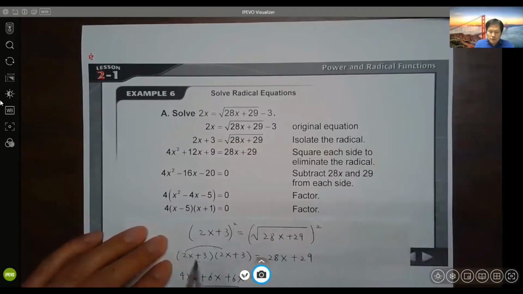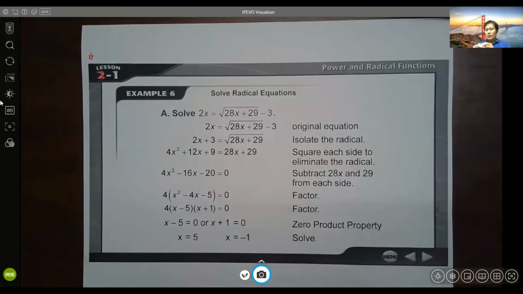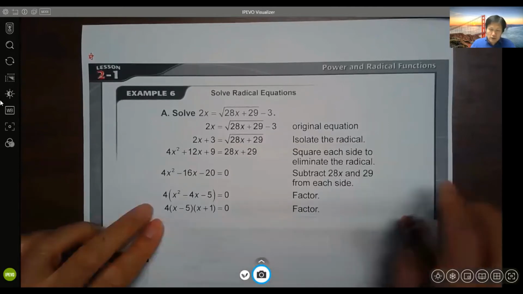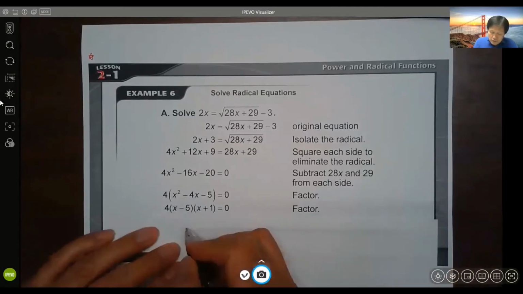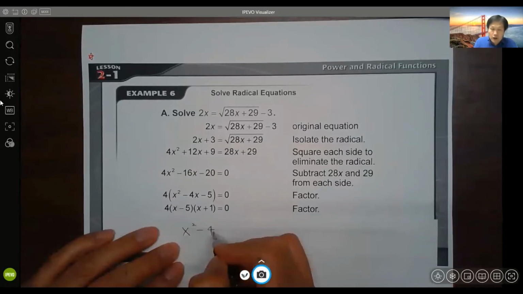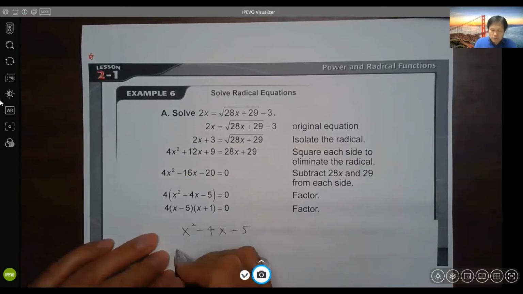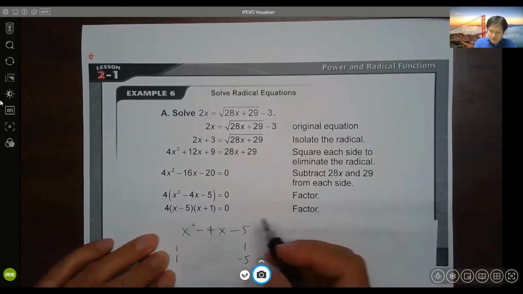So they factored the 4 out and they did the factoring there. Again, if you know that factoring, fantastic. If you say, well, what happened there? x squared minus 4x minus 5. So 1 times 1 makes 1. 1 times minus 5, x and minus 5.